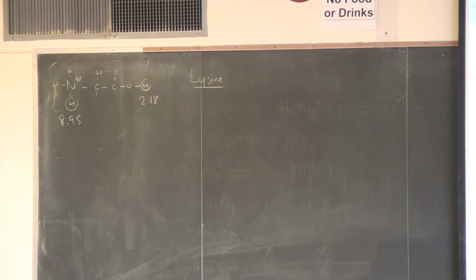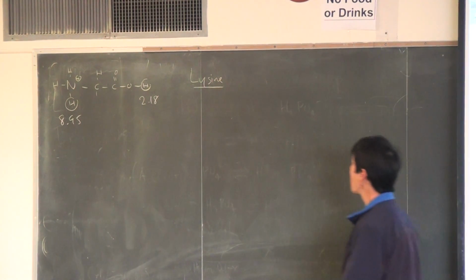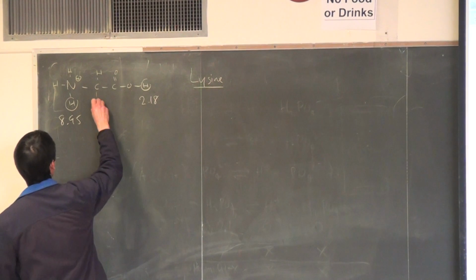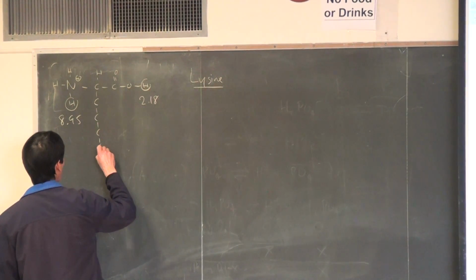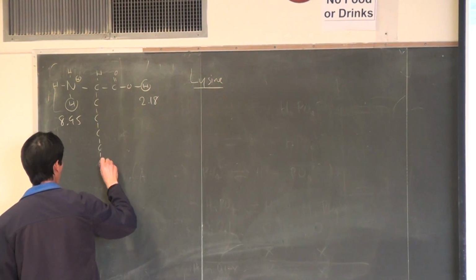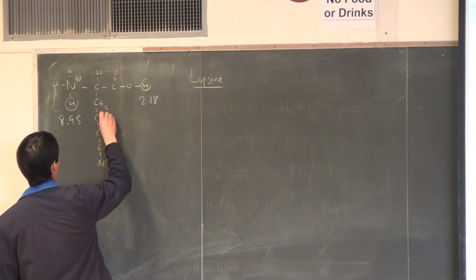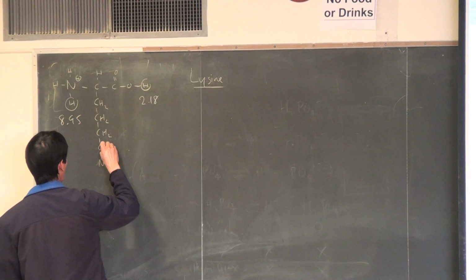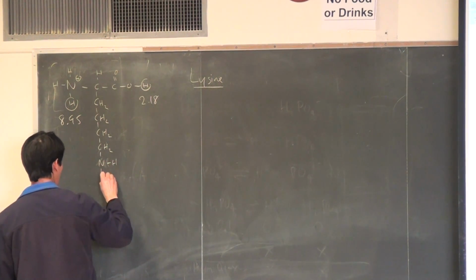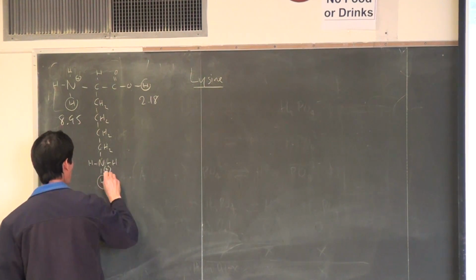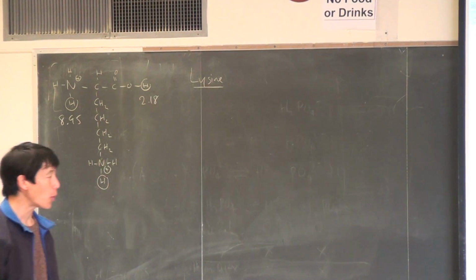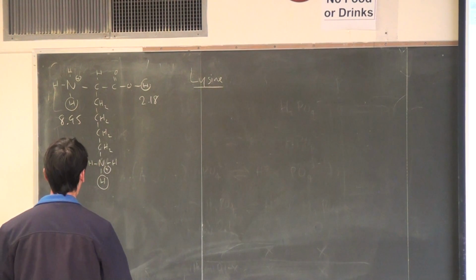There's 1, 2, 3, 4, so 4 carbons and then an amine group. Okay, so for one of these protons, the pKa is 10.79.